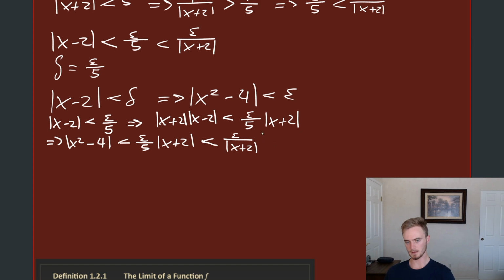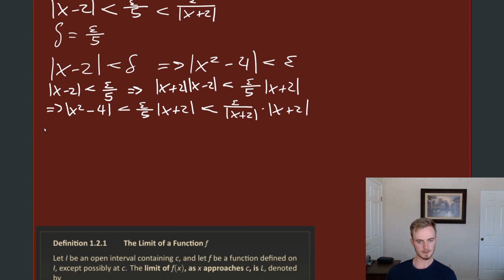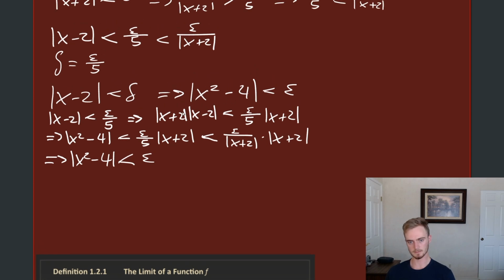Substitute that in, and then times the absolute value of x plus 2 from over here. So now simplifying even further, on the left hand side we've got the absolute value of x squared minus 4, which is now less than just epsilon because these two cancel out. And that is the implication that we wanted to solve for.